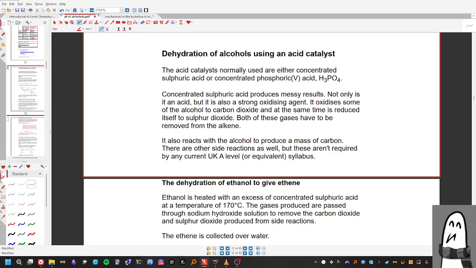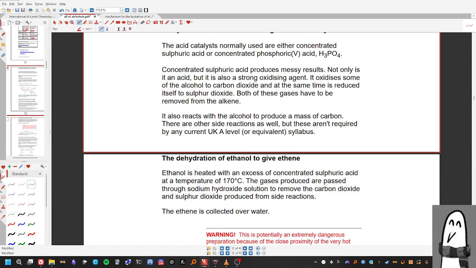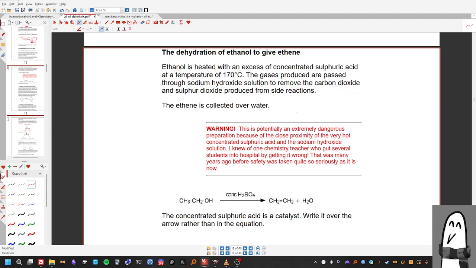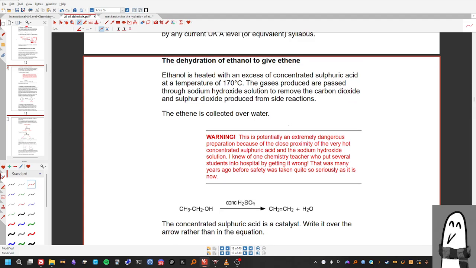Okay, so, we did not mention phosphoric acid. I knew of one chemistry teacher who put several students into hospital by getting it wrong.